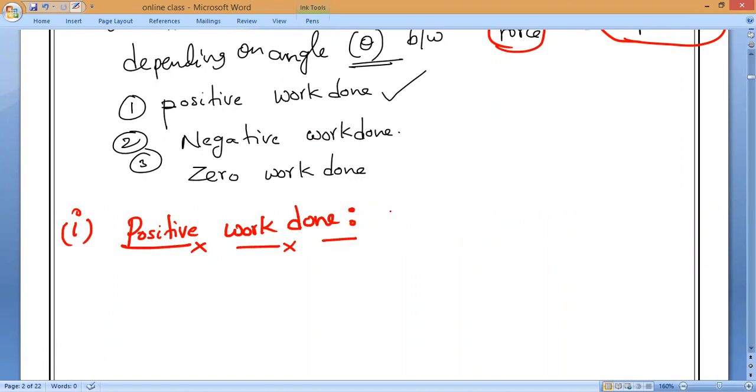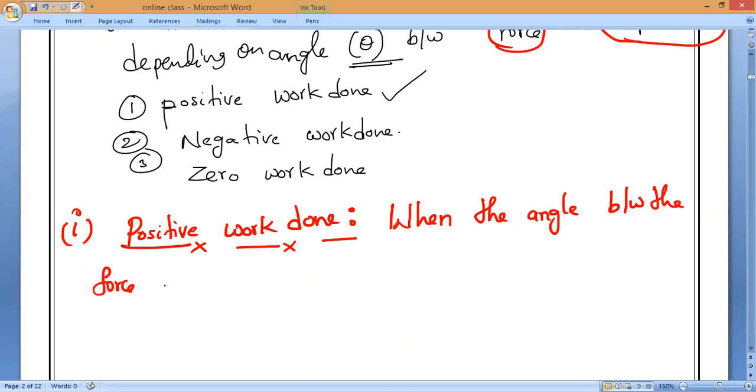Harish, Gokul, Arun, all of you listen. When the angle between the force and the displacement is acute, what do you mean by acute?